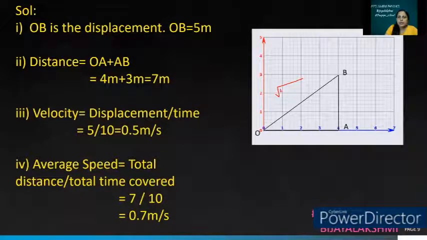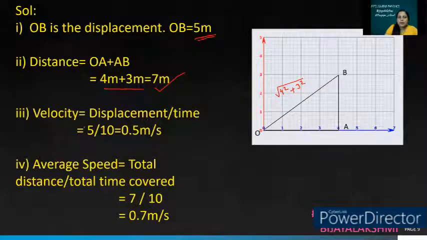Using the Pythagoras theorem, the square root of 4 square plus 3 square will give us 5 meters as the answer. So this displacement is 5 meters. What is the distance traveled? That is the total path covered by the body, that is 4 meters plus 3 meters. We get 7 meters as the answer.